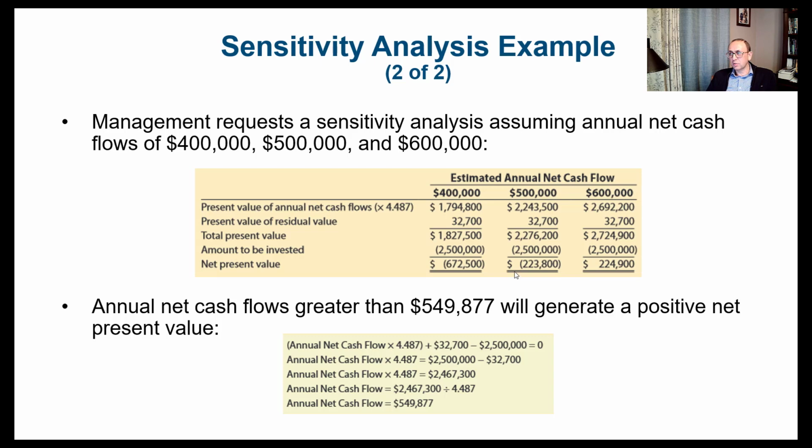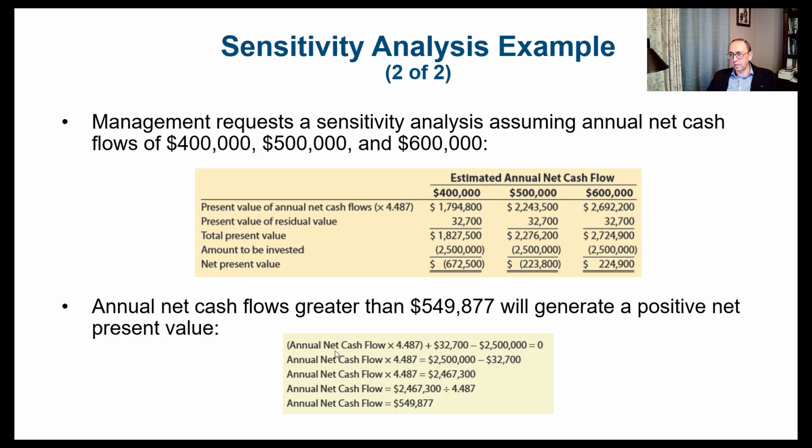The next question is, what is the exact value or the break-even point that would make our net present value zero? In other words, how much net cash flow should be generated in order to generate a zero? So annual net cash flow greater than 549,877 will generate a positive net present value.